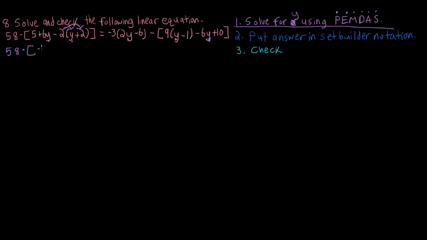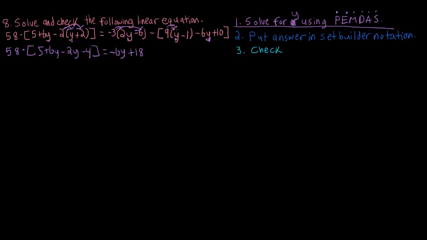So 5 plus 6y, negative 2 times y is minus 2y, negative 2 times 2 is negative 4, close the brackets, equals, we can distribute this right here, the negative 3. So negative 3 times 2y is negative 6y, negative 3 times negative 6 is positive 18, and now we can move to inside of the brackets.